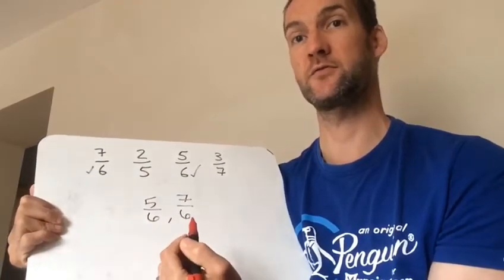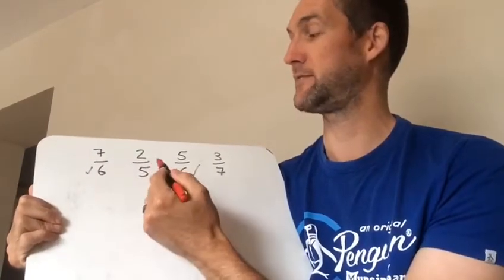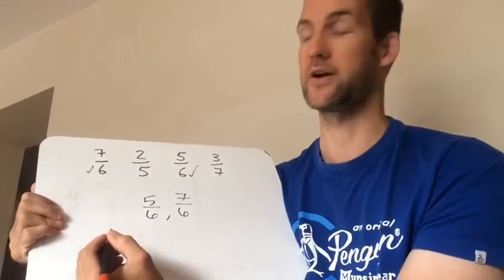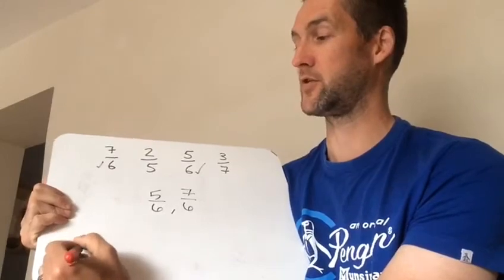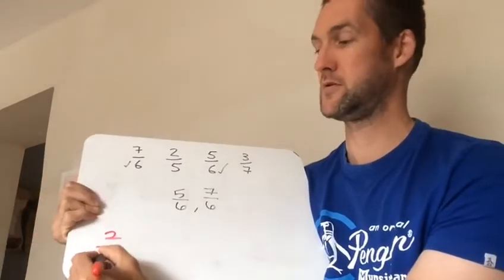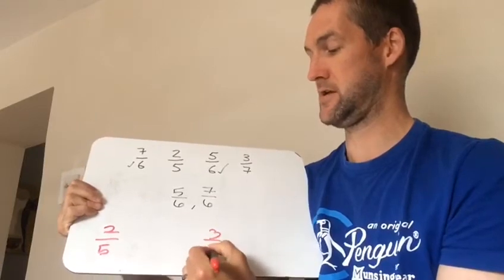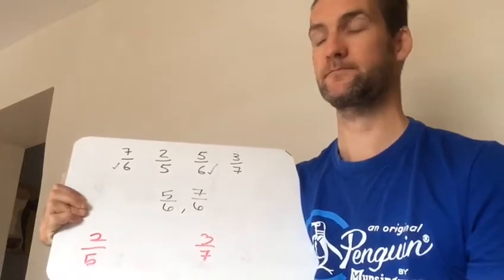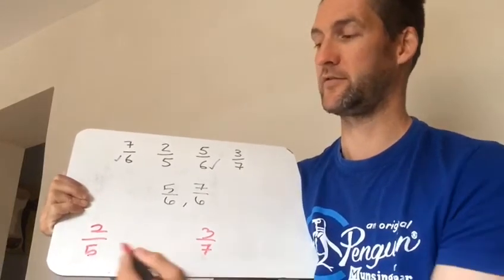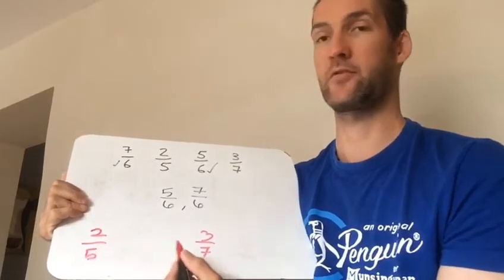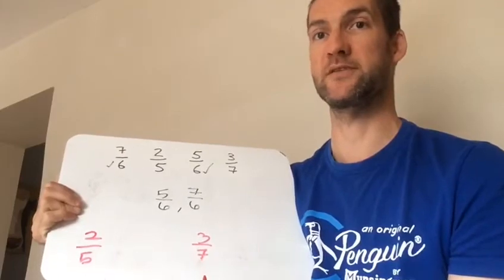If you're not too sure, then have a think about changing them to the same denominator to be able to work it out. So, we've got 2/5 and 3/7. Now, you need to find a common denominator. What common denominator is a multiple of both of those numbers?